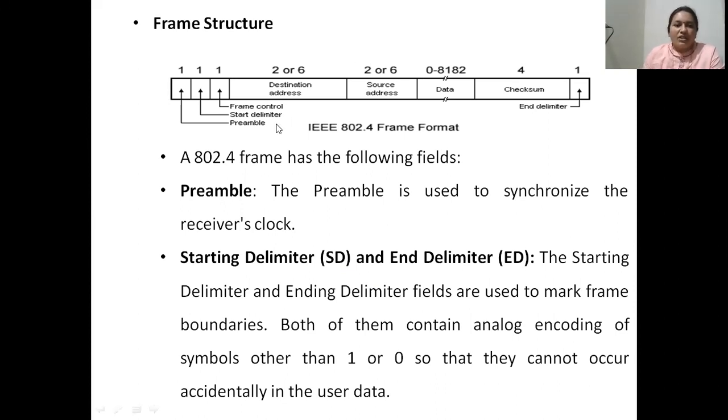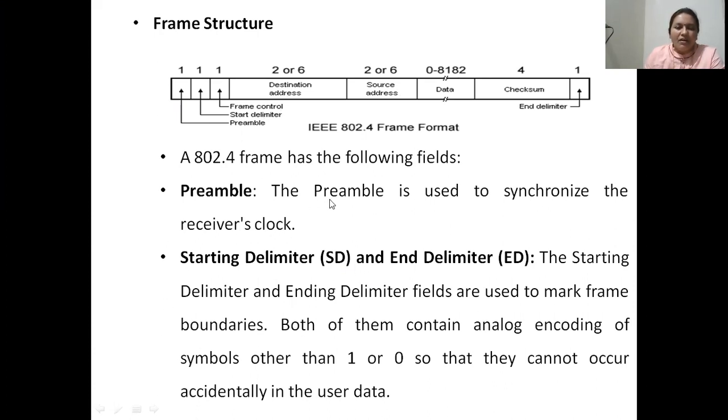The frame structure looks like this. The frame contains 1 byte preamble, 1 byte start delimiter, 1 byte of frame control, 2 or 6 bytes of destination address, 2 or 6 bytes of source address, 0 to 8182 bytes of data, and 4 bytes of checksum, 1 byte of end delimiter.